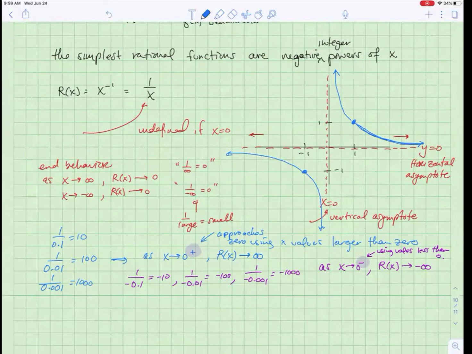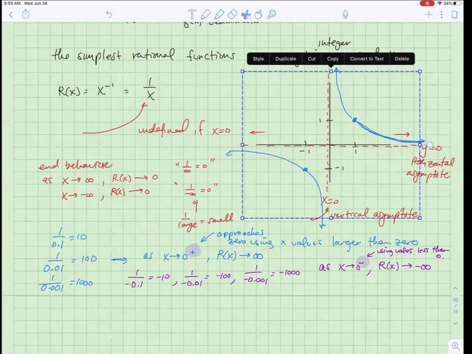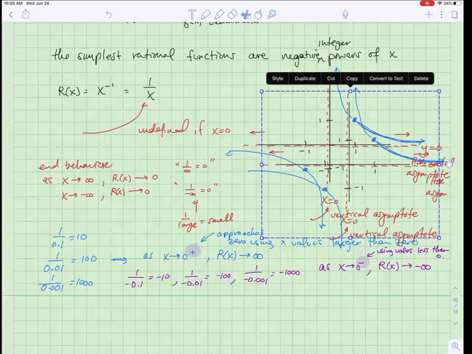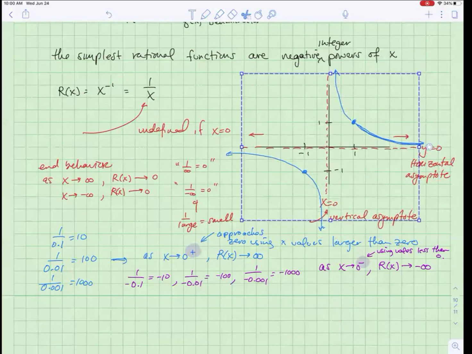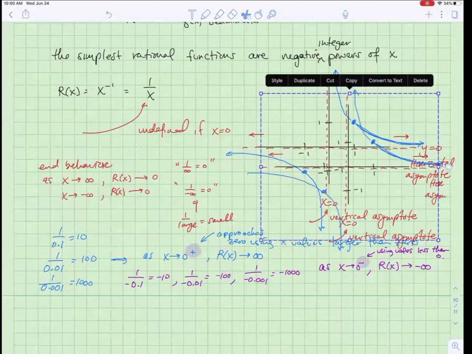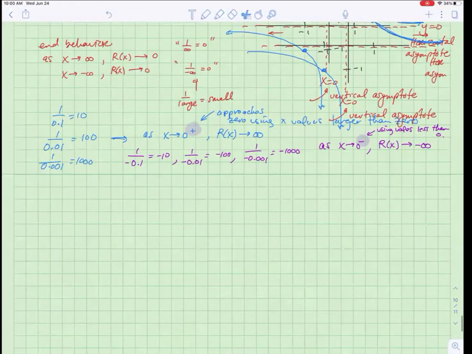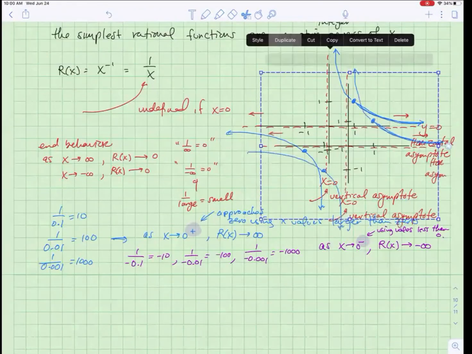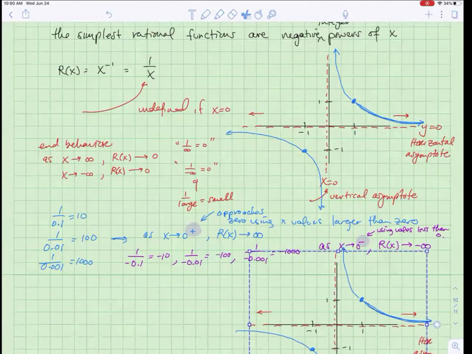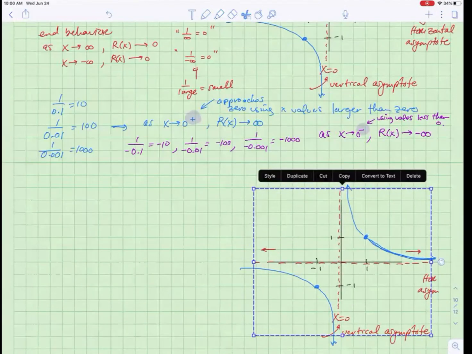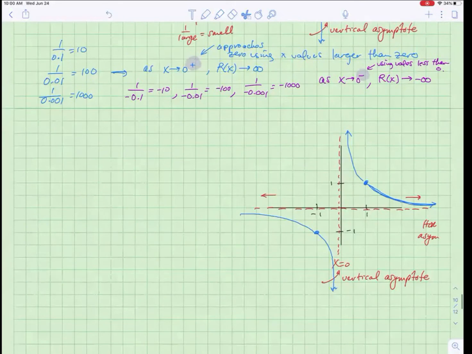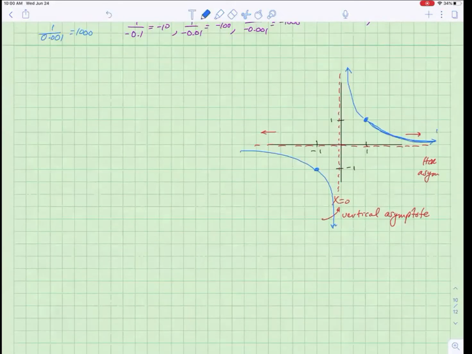Now, if I copy this, duplicate. So this blue curve was 1 over x.